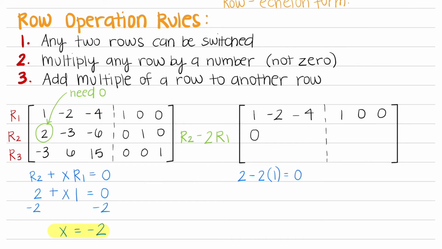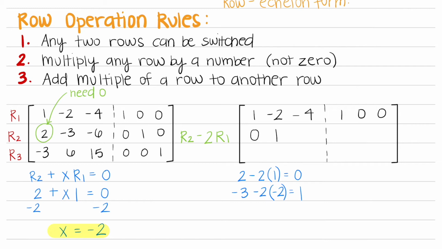Our R2 in this case is the second term in row 2, negative 3, minus 2 times R1. And in row 1, you would use the term in that second column, what's above that negative 3, so that's negative 2. And we solve. So negative 3 minus 2 times negative 2 equals 1. And now we put that 1 in that second spot in row 2.